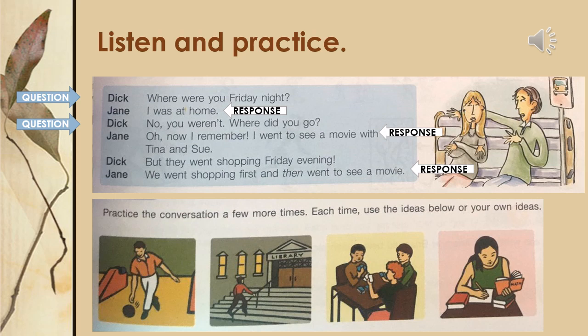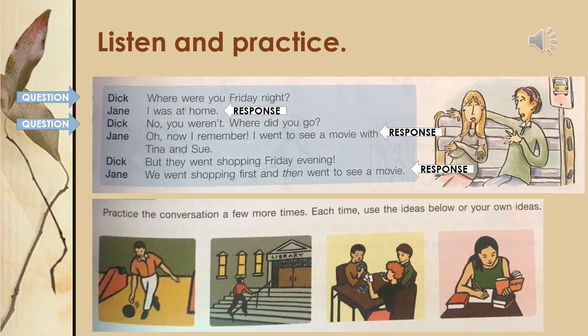Now, below are some of the ideas that you can use to replace the activities that we can see in this conversation. This is bowling, going to the library, playing cards, doing homework.